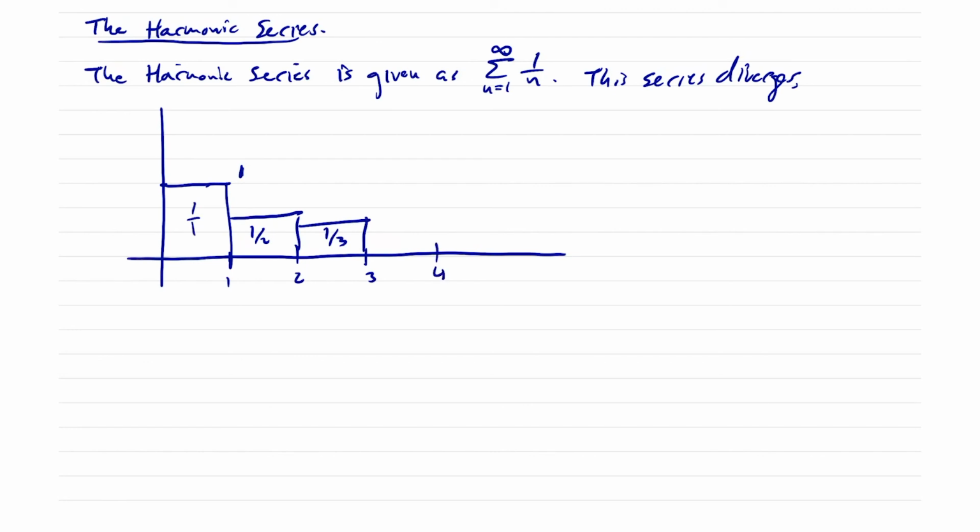Put a 4 here, and this is starting to get tedious. It's going to be 1/4, etc. So the idea is that all of these guys sit underneath this integral, and so if this is 1 over x.